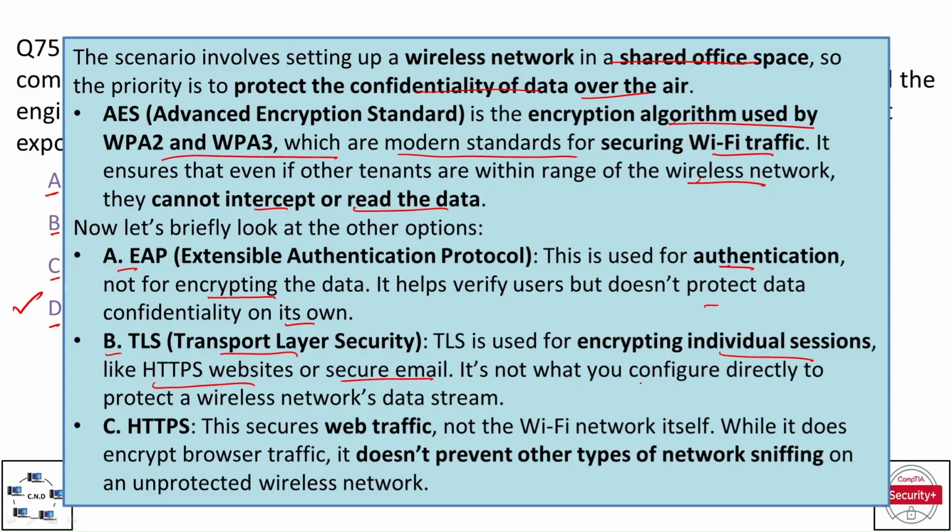It's not what you configure directly to protect a wireless network's data stream. And option C, HTTPS, secures web traffic, not the Wi-Fi network itself. While it does encrypt browser traffic, it does not prevent other types of network sniffing on an unprotected wireless network.